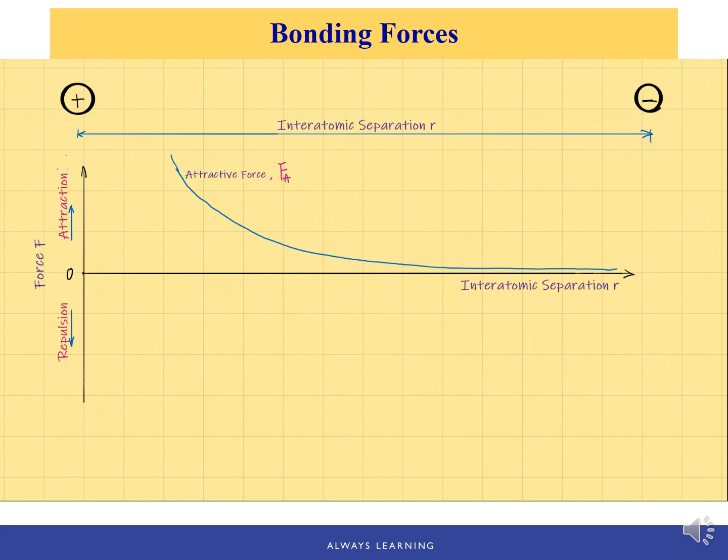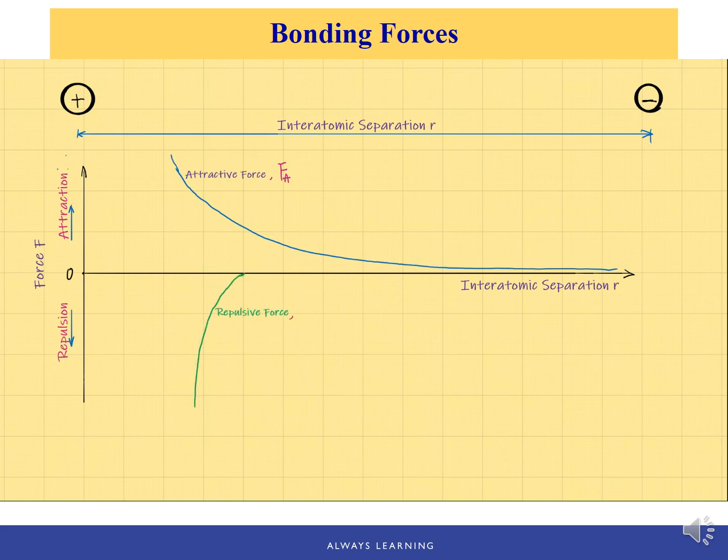So in other words, there's not only an attractive force between the two particles, there is also a repulsive force starting from some distance. For example, here, when the two atoms are close enough, when the outer shells start to overlap, the repulsive force starts to act.